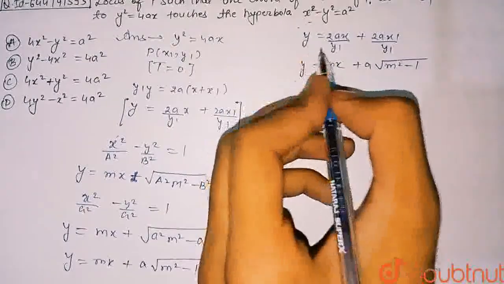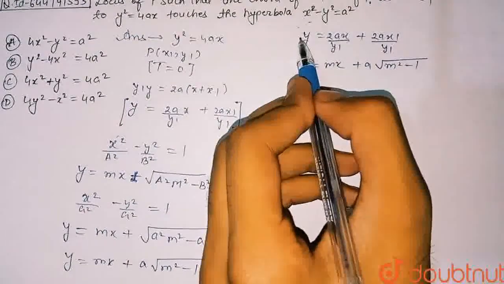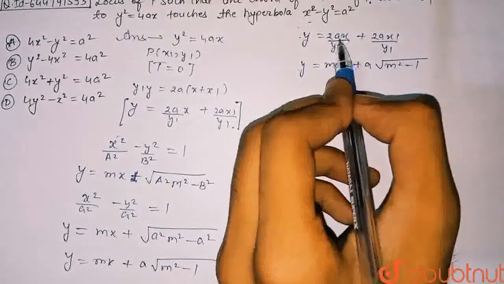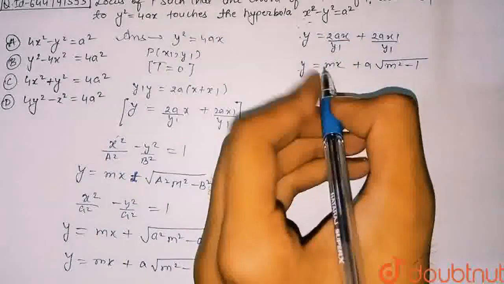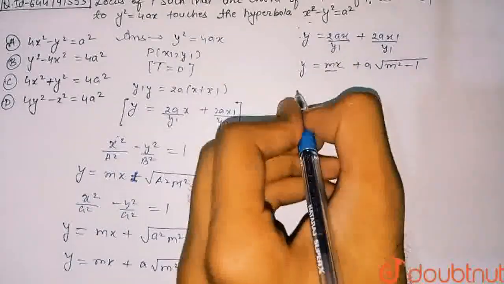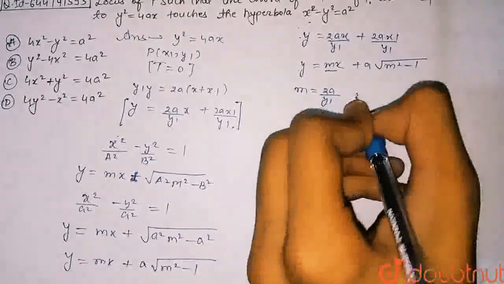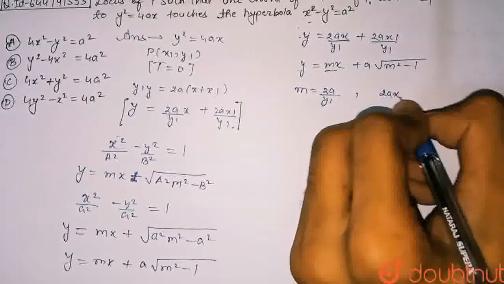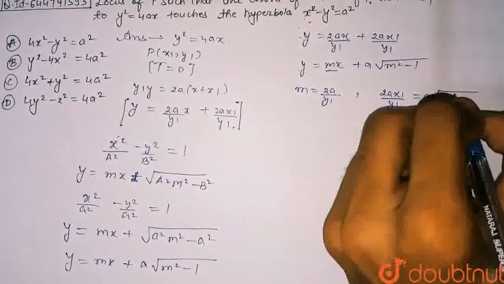So we will compare the coefficients. From here we can conclude that the coefficients of y are equal, and the coefficient of x and the constant term are also equal. So m can be equated to 2a upon y1, and similarly the constant term 2a x1 upon y1 will be equal to a root of m square minus 1.